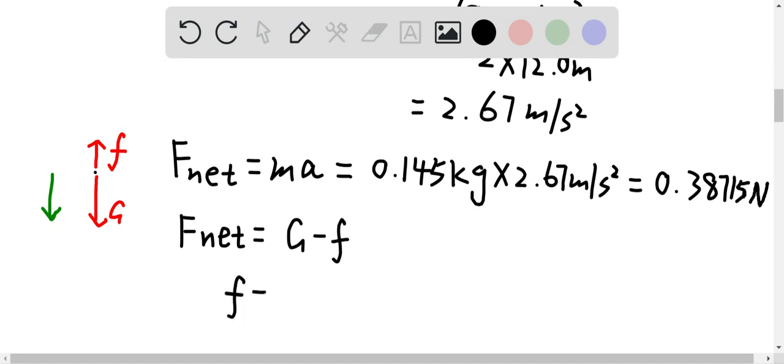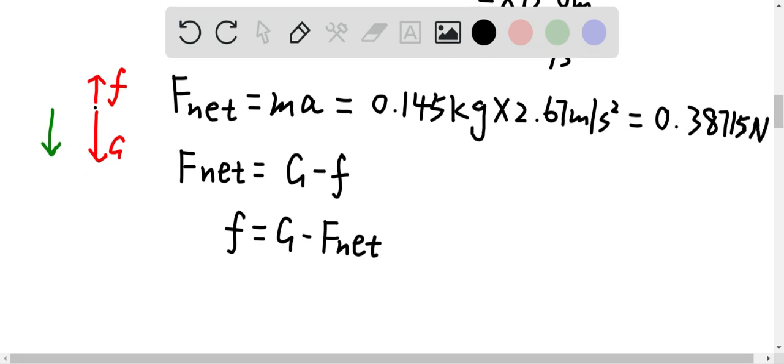And this will give us the air resistance. The force of air resistance is equal to G minus F net, which is mg minus F net.